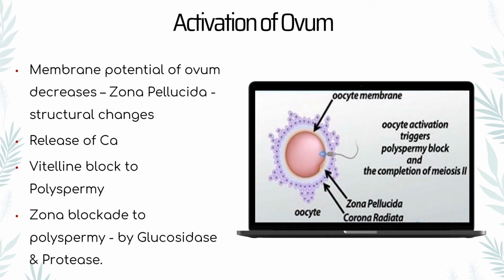The proteases degrade the zona pellucida glycoprotein itself. So both these mechanisms cause the loss of affinity of sperm for the zona pellucida, and thus that prevents the polyspermy. So this is called the zona block to polyspermy.